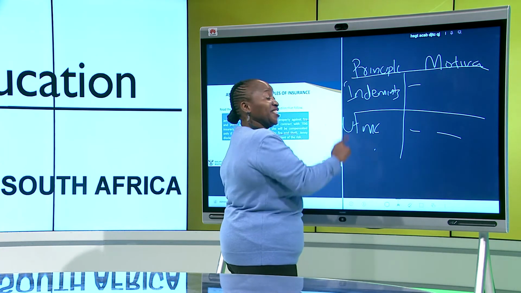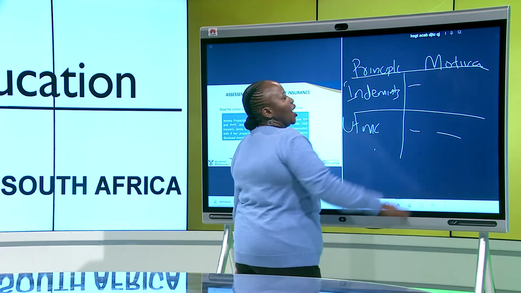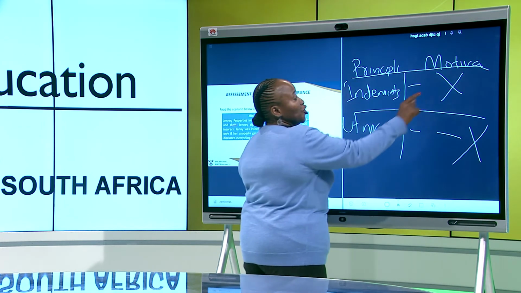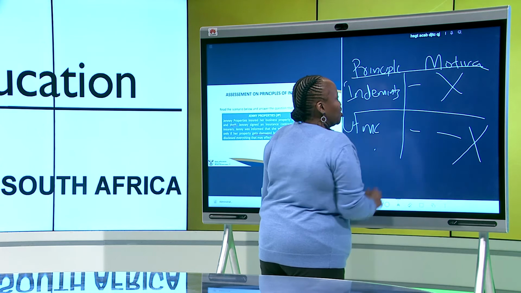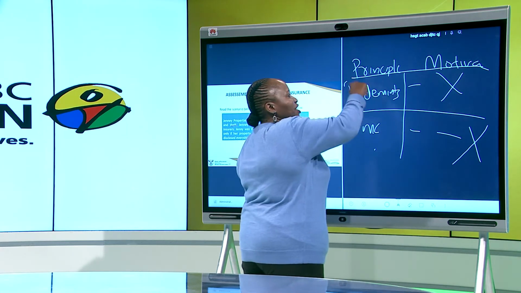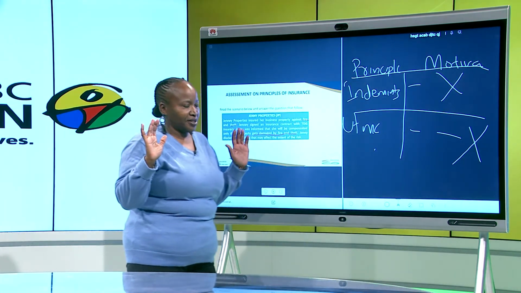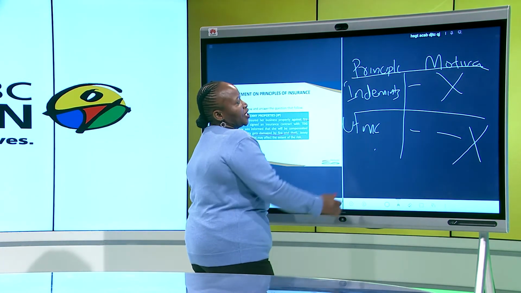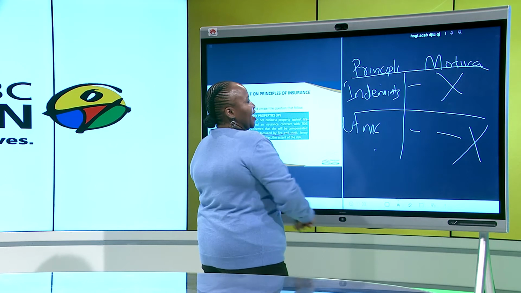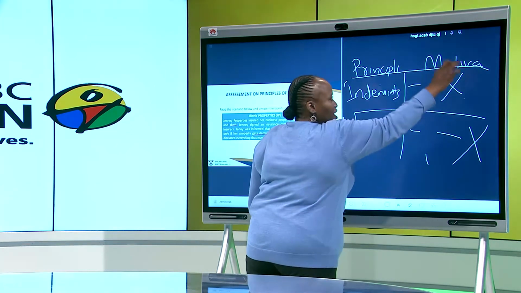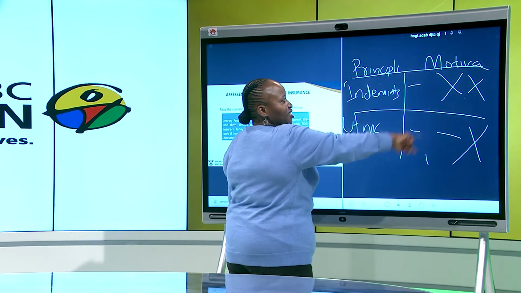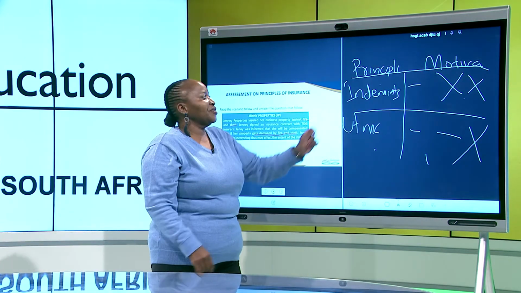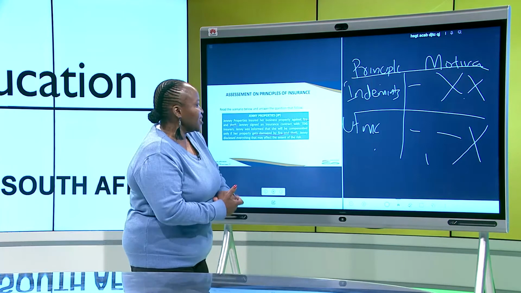But if you are not going to write the principle, you simply write the motivation without identifying the principle, you are not getting a mark for motivation. So meaning for you to get a mark for motivation, the principle must have been correctly identified. That's how it is marked. So you must attempt. Same as if you decide to give an incorrect principle and you write the motivation, you're still going to be marked incorrect because that motivation is not for that particular principle that the examiners are requiring.